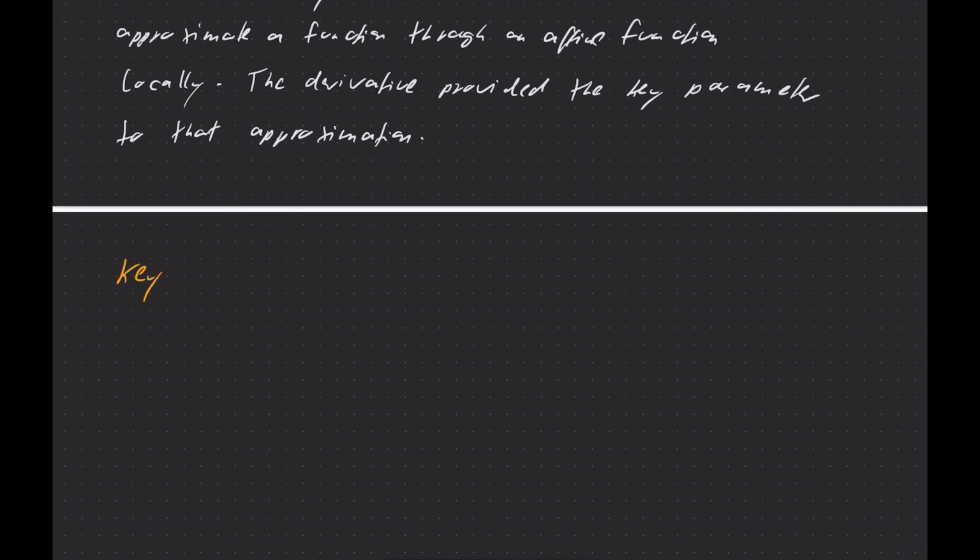So again, the key idea here is to understand a 1D derivative as an important parameter in an affine approximation of a function.